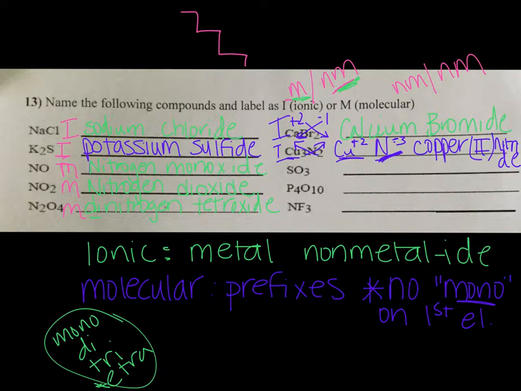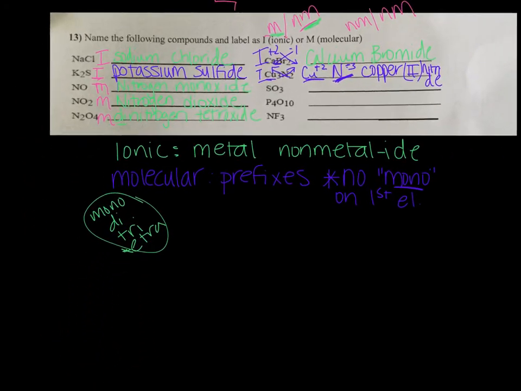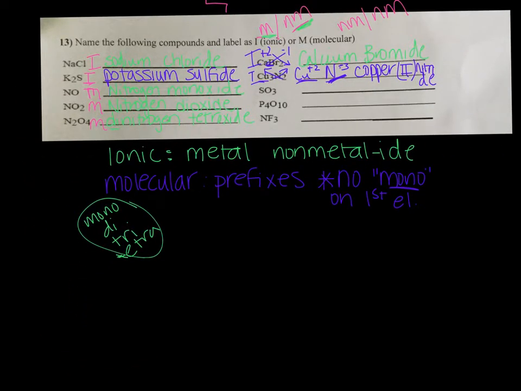Okay, now we've got SO3. Biggest mistake that people make on this one is they think that that's something like sulfate, or sulfite, I'm sorry, sulfite. But it is not sulfite if it does not have a charge. If you notice, this is just SO3, right?